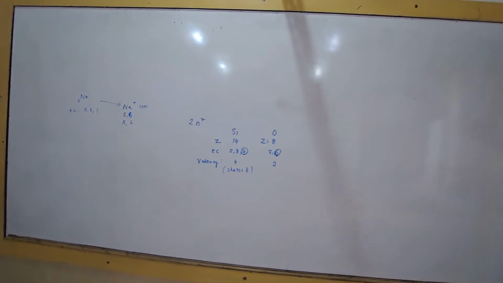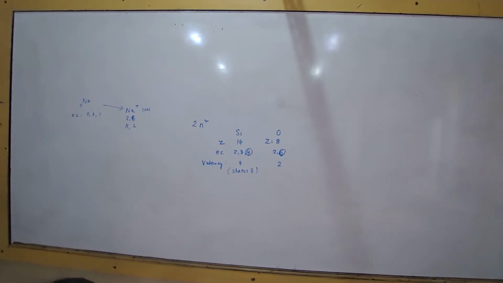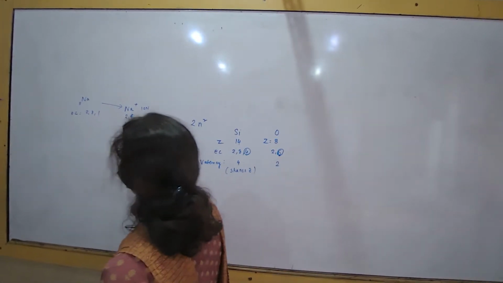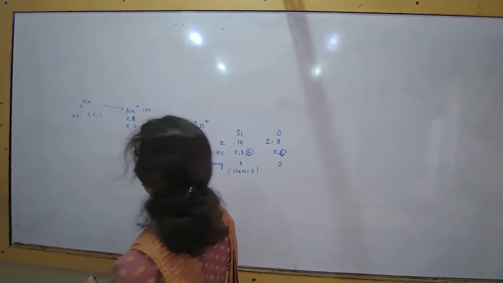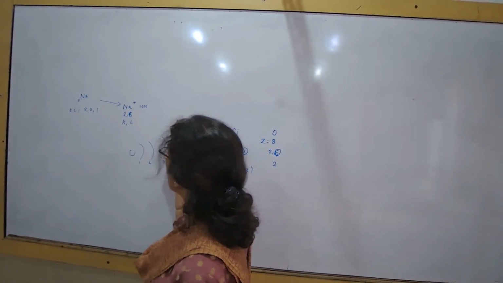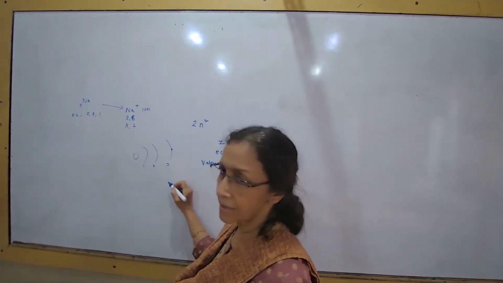So during chemical change, if the electron loses its energy, it is jumping to a lower energy level. Now let us say these are the shells, the first, the second and the third. The electron which is present in the third shell has more energy compared to the second one.